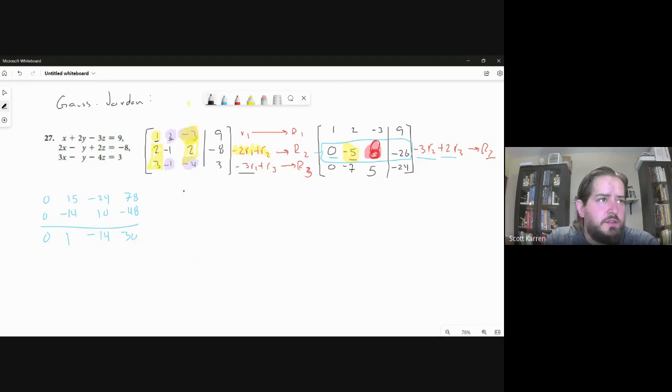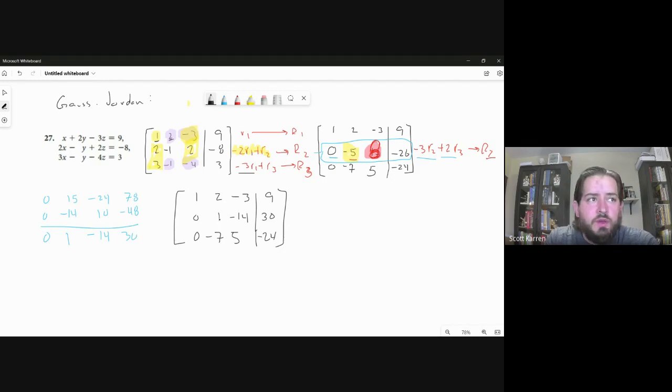So I have this system here. 1, 2, negative 3, 9. And then my new row 2 is 0, 1, negative 14, and 30. And then row 3 didn't change, so that's 0, negative 7, 5, and negative 24.